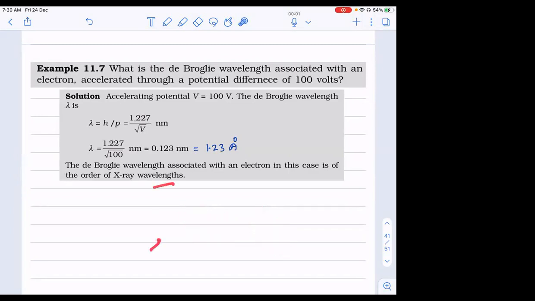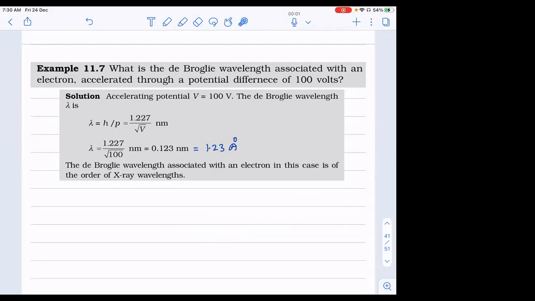So electron microscopes are used for high resolution. You can see images available on YouTube taken by the electron microscope. Amazing pictures you can see. Very high resolving power, which is inversely proportional to wavelength.